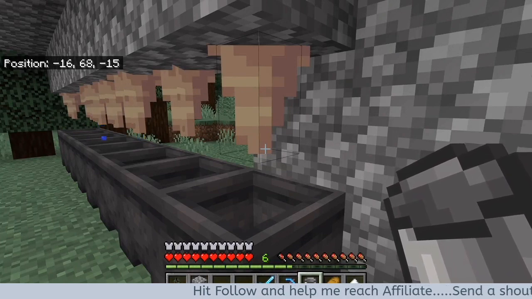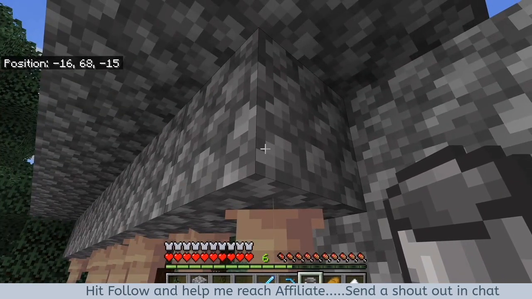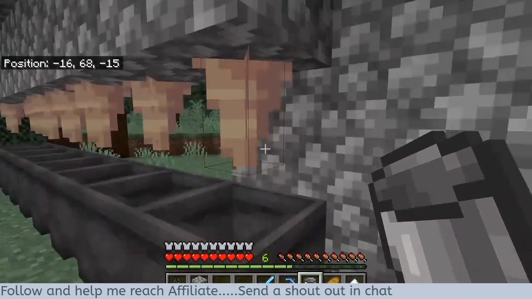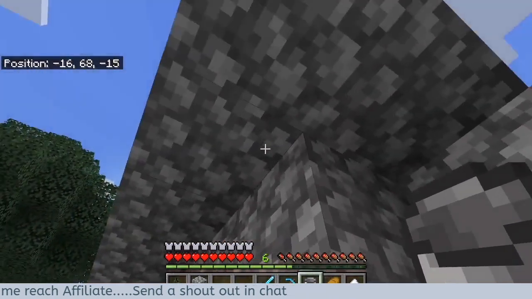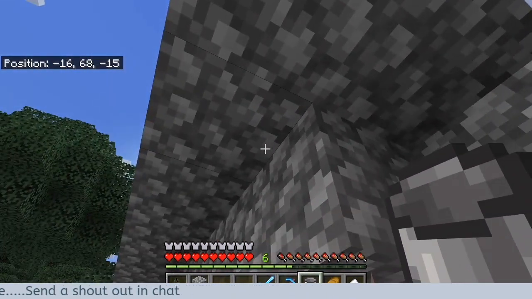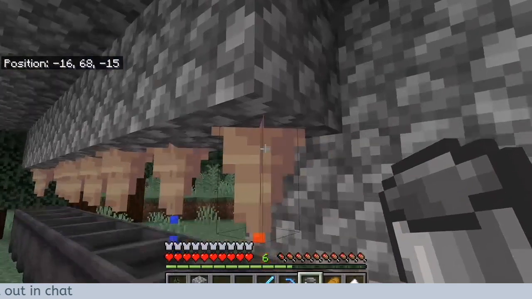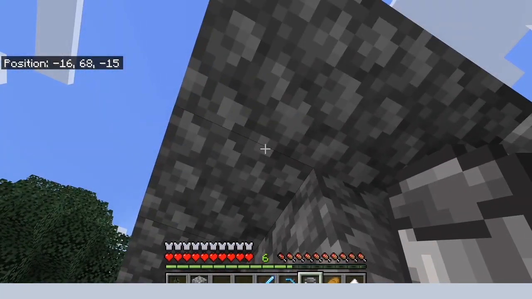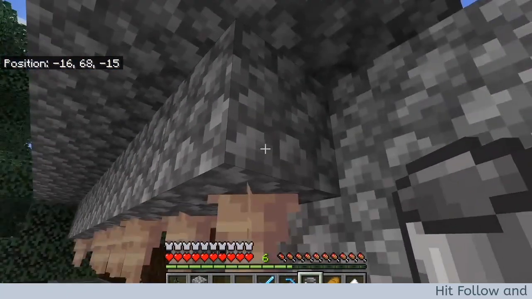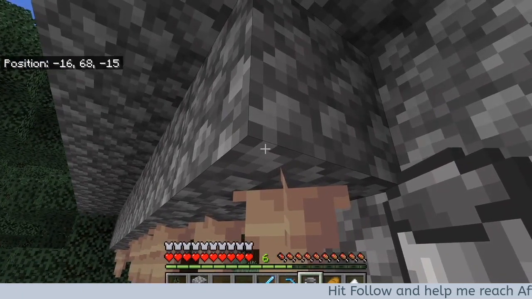Couple of important things. These have to be the right type of block that the pointed dripstone is on. All of those up there, they're just to contain the lava. It doesn't matter what you use for those, as long as it's not flammable, obviously. Any solid block will do, but this has to be a solid block.